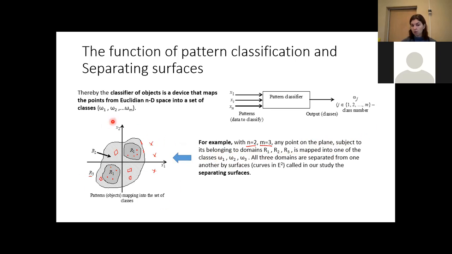So we divide all the space on the plane into three regions. And if the point lies in R3, for example, it means that we will map this point to class number 3.